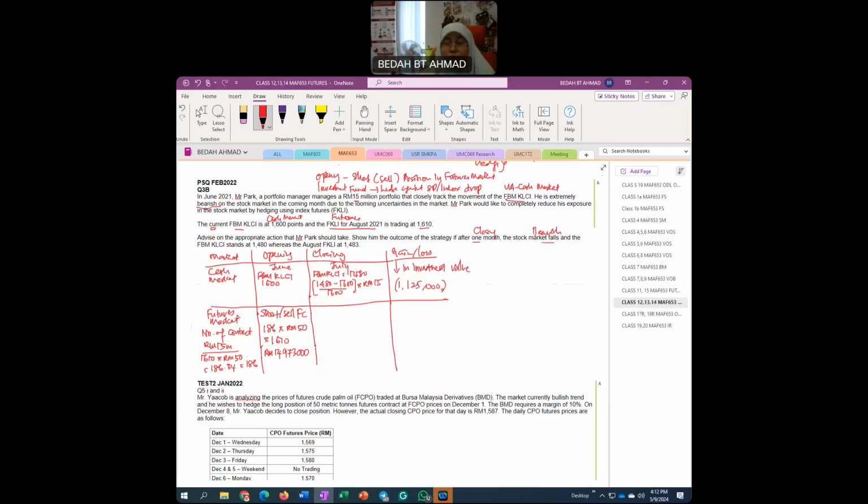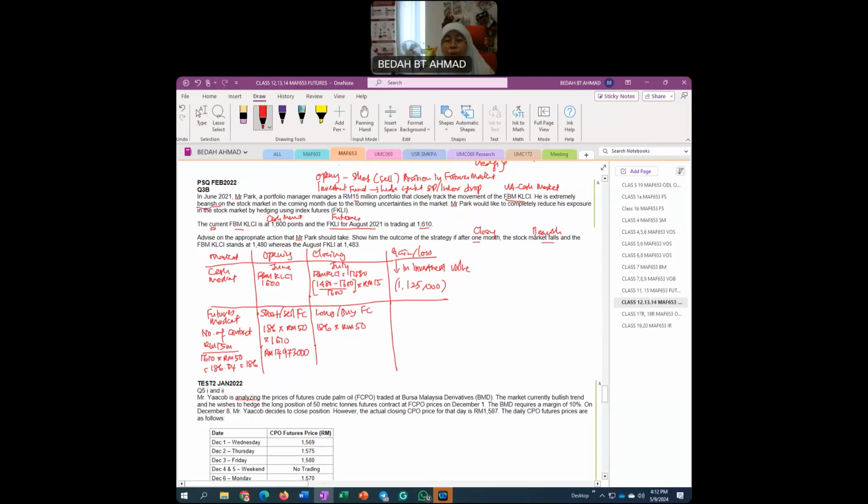That is 1,125,000. So this is a loss to Mr. Park, because of the reduction in the investment value of 1,125,000. And this reduction in value should be offset against a gain. So whether we get a gain or not, we'll see. So at closing, take the opposite direction: if the opening was a short sell, now it's a long buy. Long buy futures contract. So 186 contracts multiplied by the contract size 50.